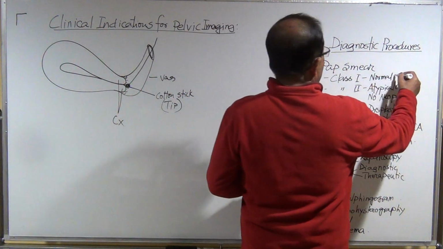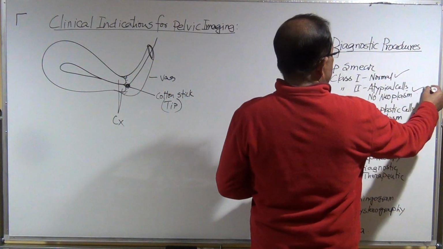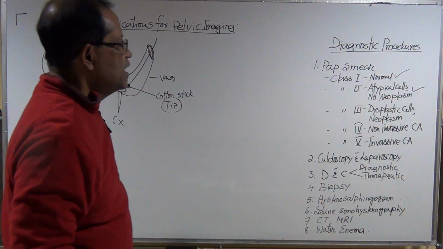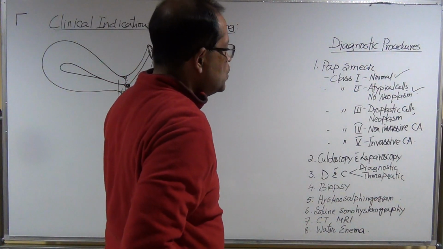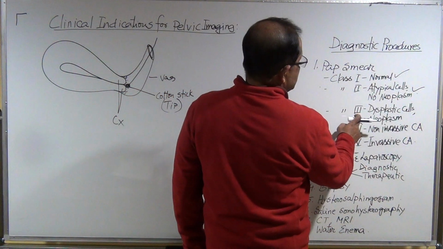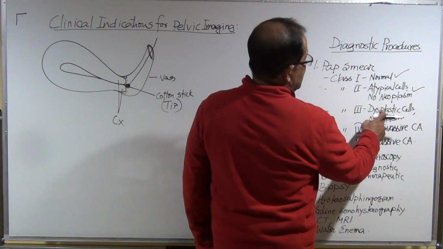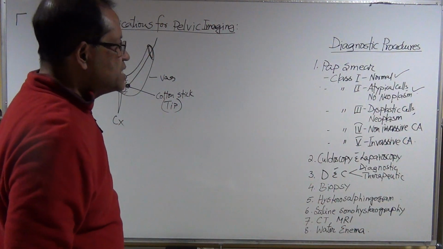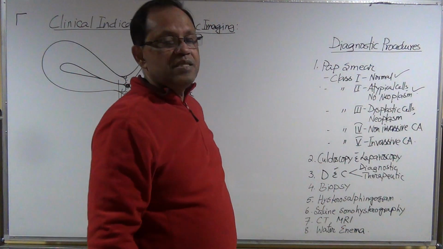So we understood the normal, we understood the atypical cells are there, but there is no neoplasm. There is no neoplasm. So now, stage 3, it says dysplastic cells. What does this mean? This means abnormal.